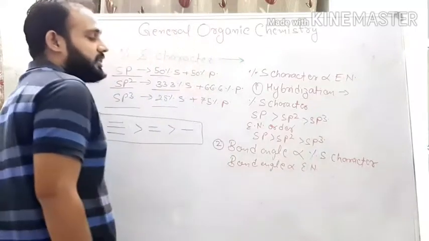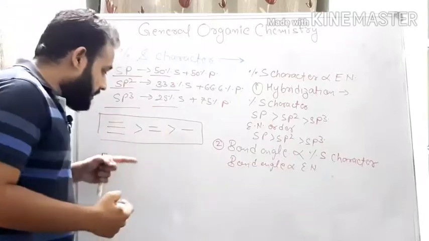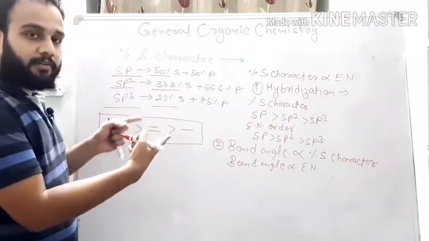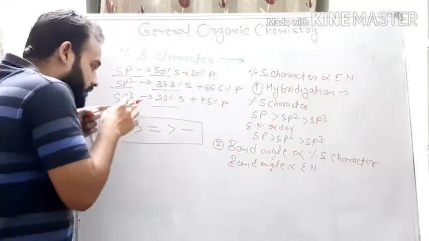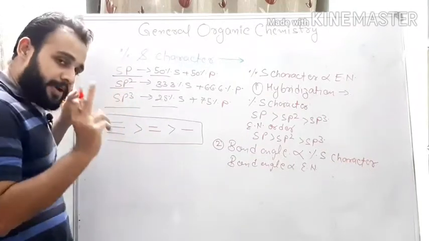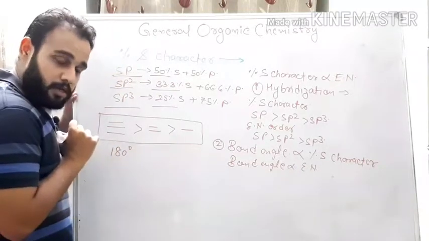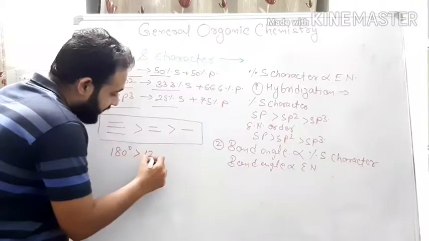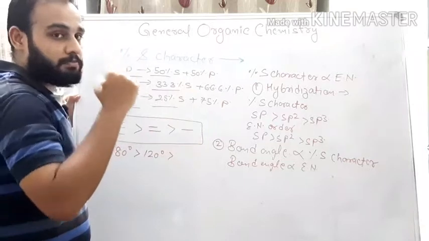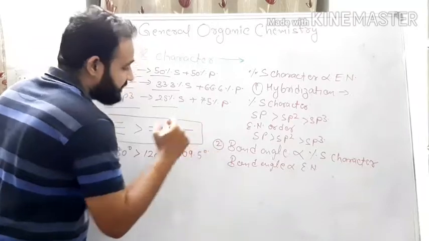According to this concept, we can write the order of electronegativity of different hydrocarbons, in triple bond, double bond, and single bond. You know very well that in sp hybridization the bond angle is 180 degrees, in sp2 the bond angle is 120 degrees, and in sp3 hybridization or a simple single bond the bond angle is 109.5 degrees.